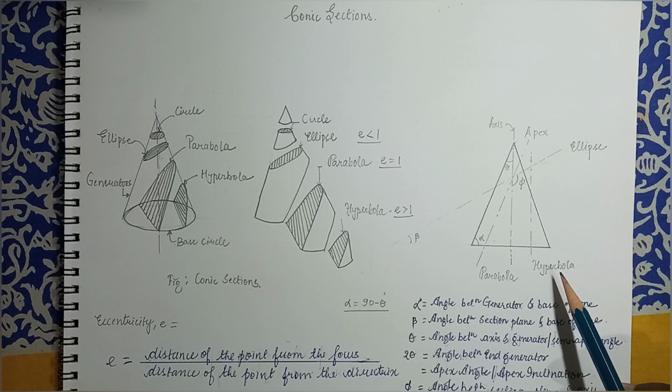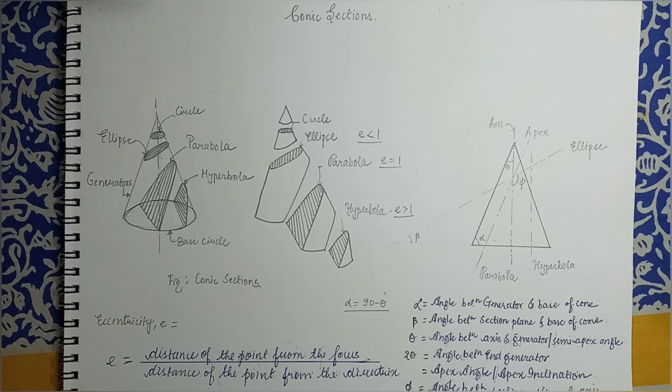And then we have a term called eccentricity. Before that, the conic may be defined as the locus of a point moving in a plane in such a way that the ratio of its distances from a fixed point and a fixed straight line is always constant. This fixed point is called the focus and the fixed line the directrix.